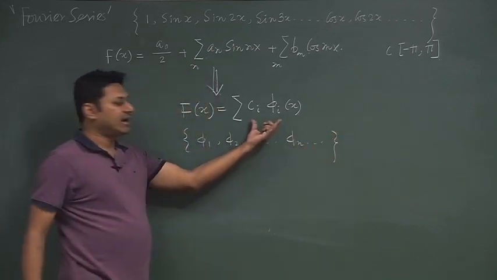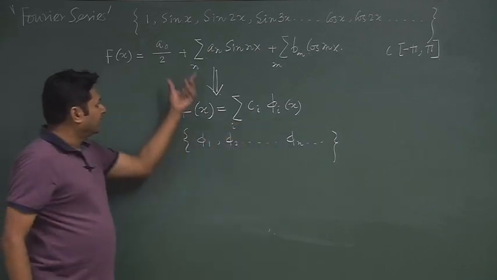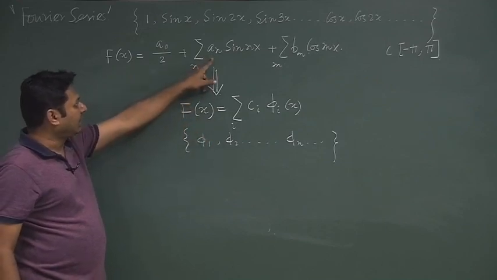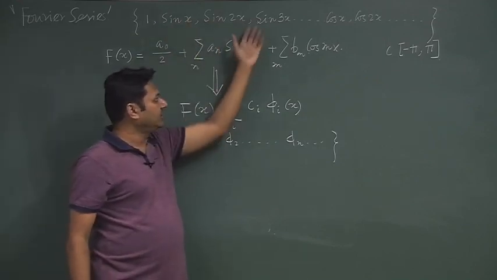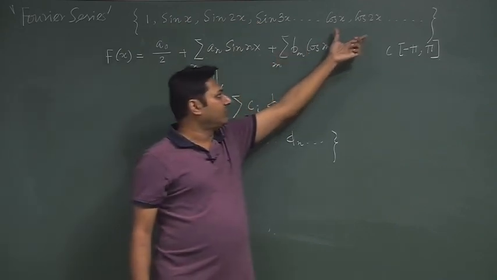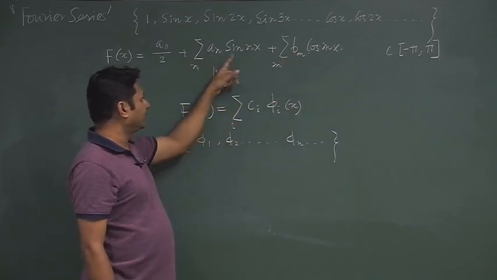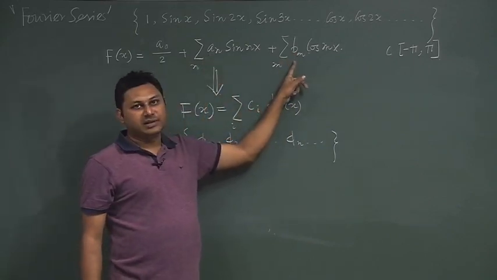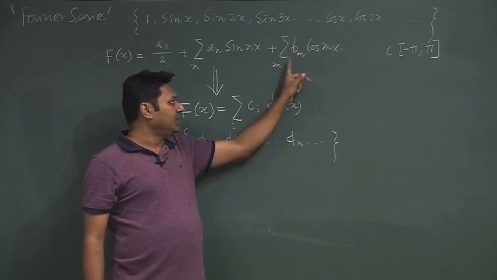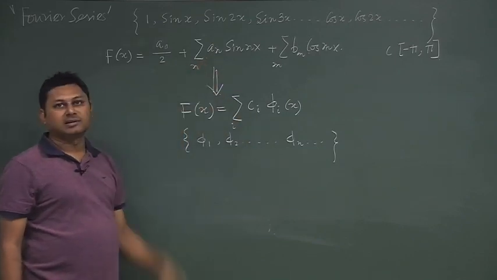So, in general, I write this in a summation form. This form and this form are eventually the same. The only thing is that I divide the sine function into one summation and the cosine function into another summation, with some coefficient associated with the sine, A, and some coefficient associated with the cosine, which we call B, with some indices. I just change the indices, the same thing.